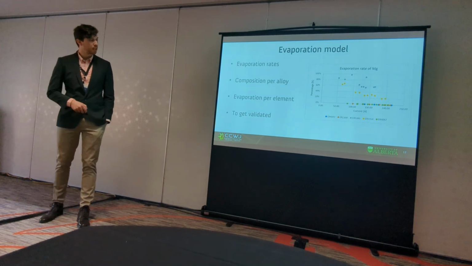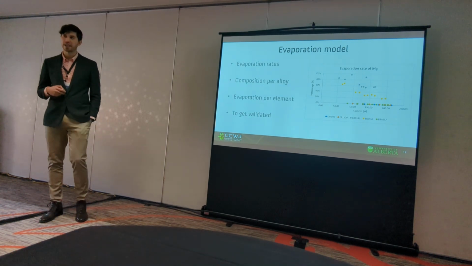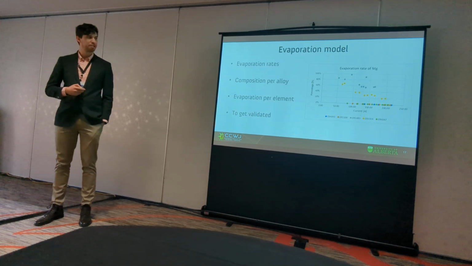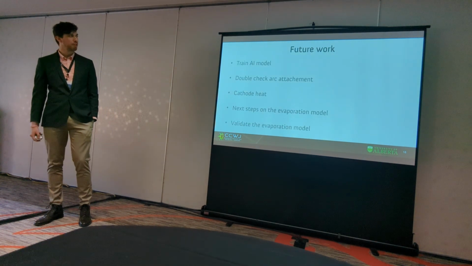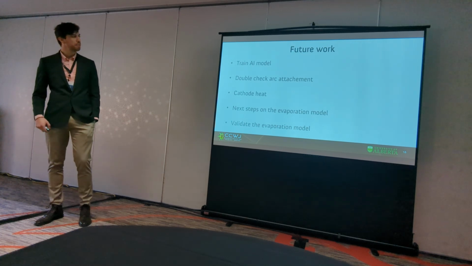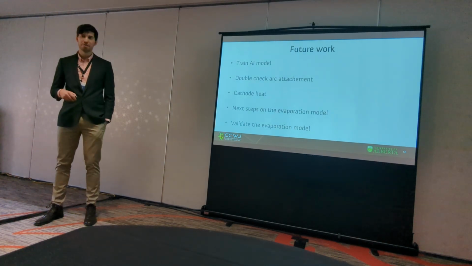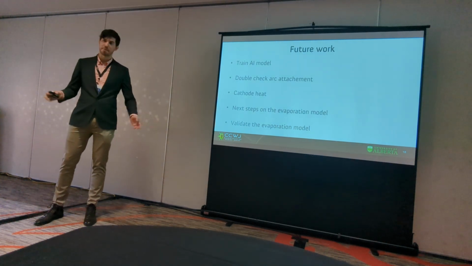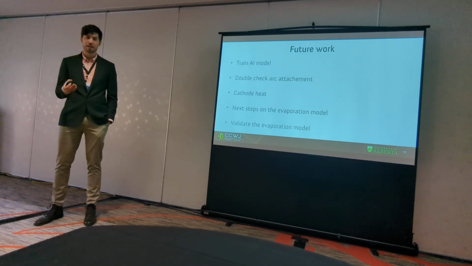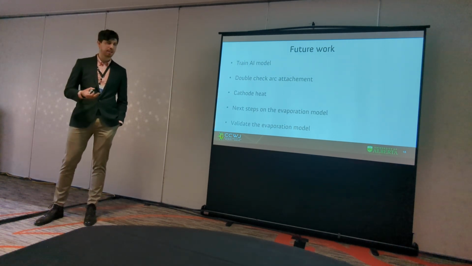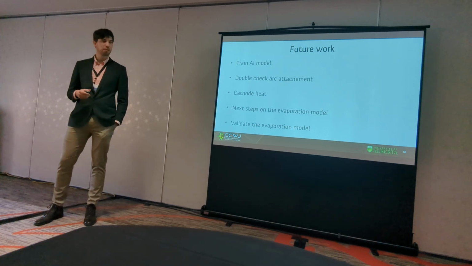So yeah, this model still needs to get validated. I already did the experiments, but need to study them a bit more. So yeah, that's part of the future work that I have to do. First, train this U-Net model. I still need to segment hundreds of images so that the model can better predict the arc length and the frequencies of the droplet.